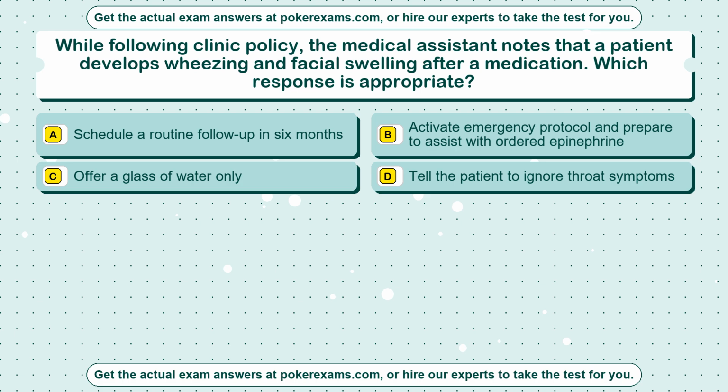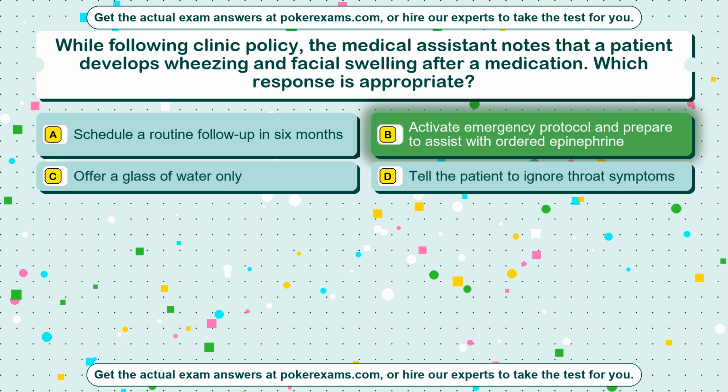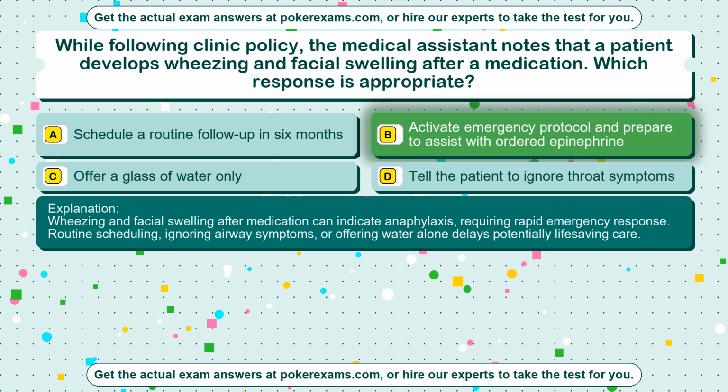Option D, tell the patient to ignore throat symptoms. The correct answer is option B, activate emergency protocol and prepare to assist with ordered epinephrine. Wheezing and facial swelling after medication can indicate anaphylaxis, requiring rapid emergency response. Routine scheduling, ignoring airway symptoms, or offering water alone delays potentially life-saving care.